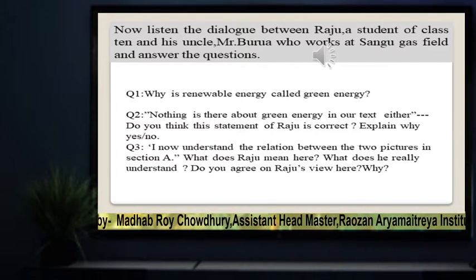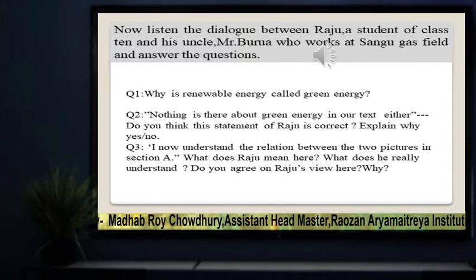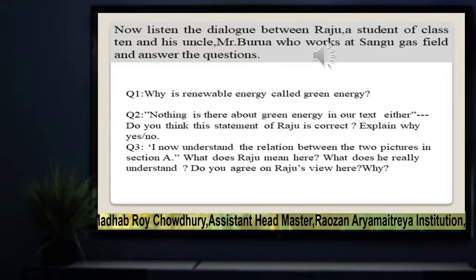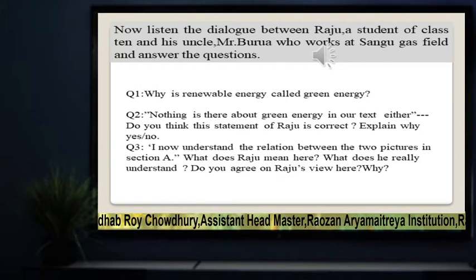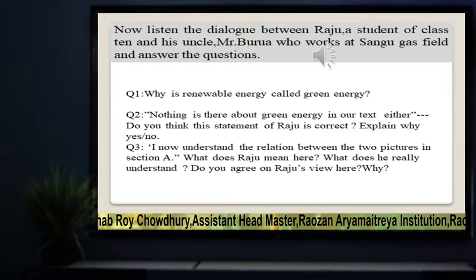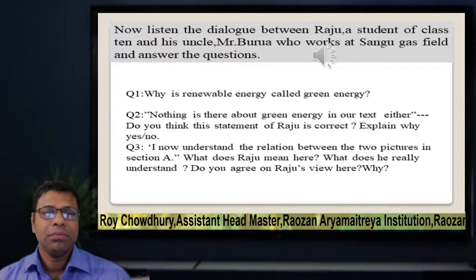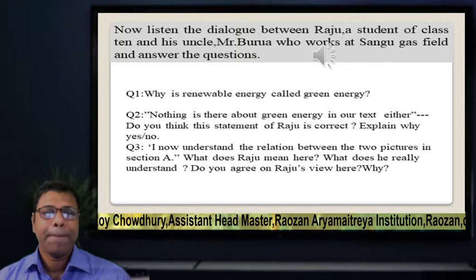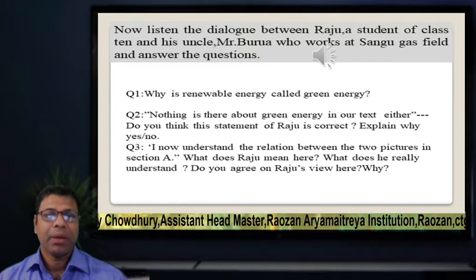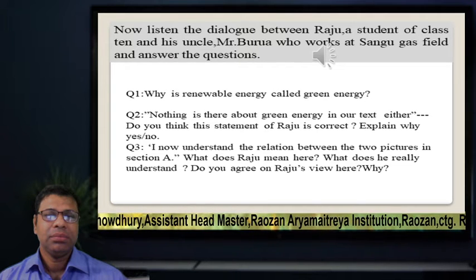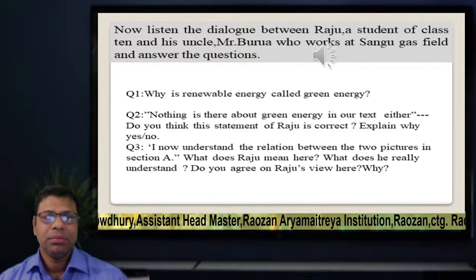Explain why, yes or no. Three. I now understand the relation between the two pictures in section A. What does Raju mean here? What does he really understand? Do you agree on Raju's view here? Why?